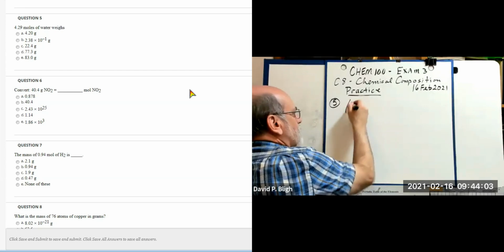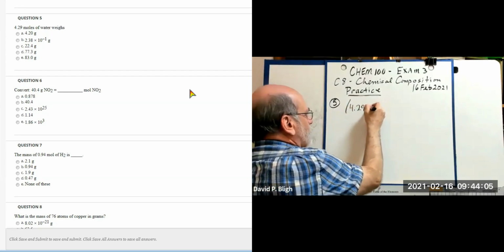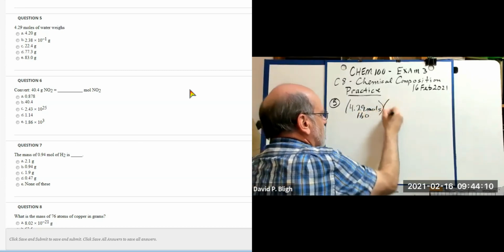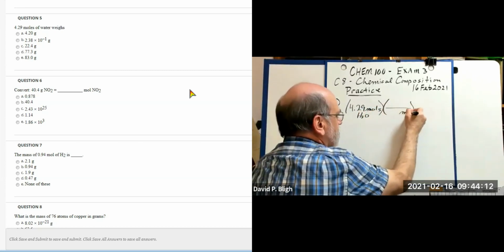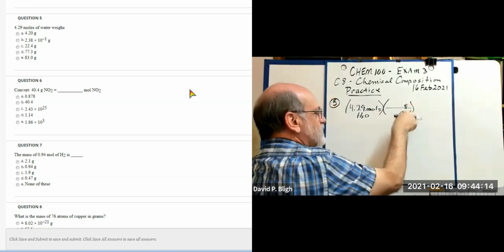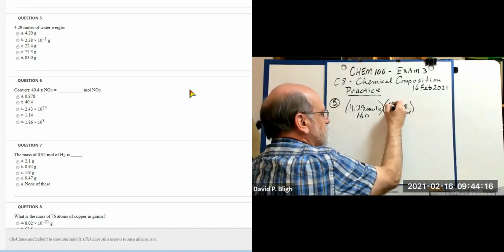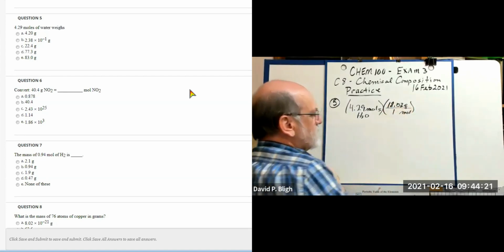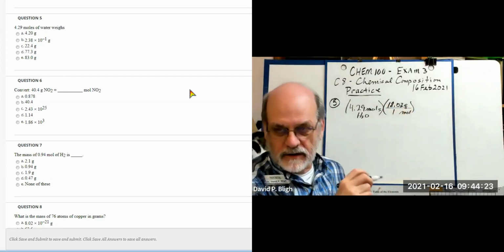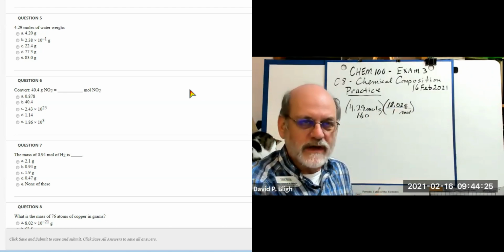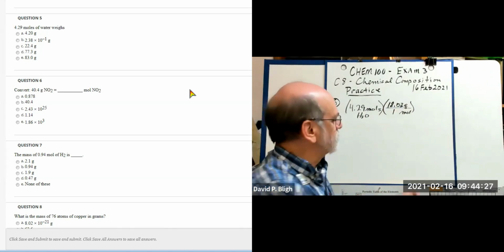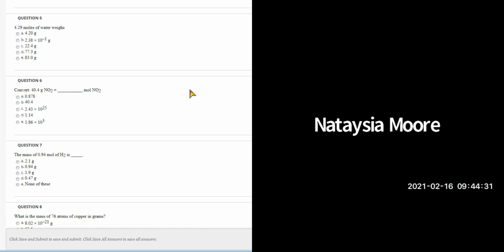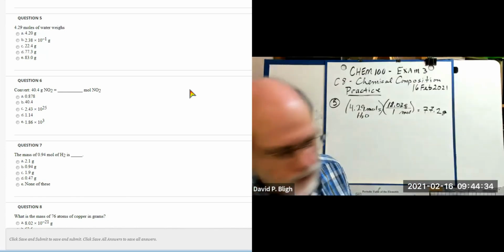So you have 4.29 moles of water, and we need to convert that to grams. So grams and moles, you need 18.02, which is your molar mass for water. It's 2 hydrogens at 1.01 each and 16 for 1 oxygen. And then you get 77.3 grams.